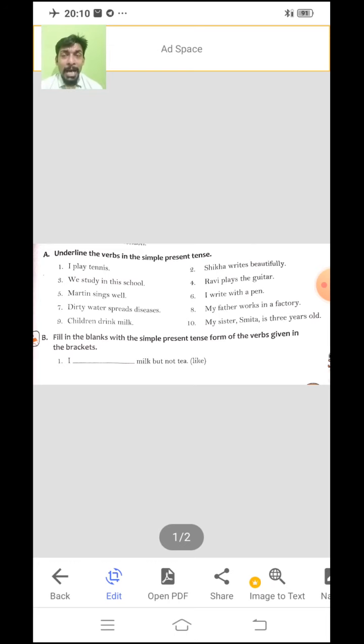Now, if you had understood the particular chart, the structure of the previous video, whatever I told you, it's clear to you. But if you haven't watched the previous video and haven't understood the chart of the structure of simple present tense that I taught you in the previous video, I know you will not be able to understand, my dear students.